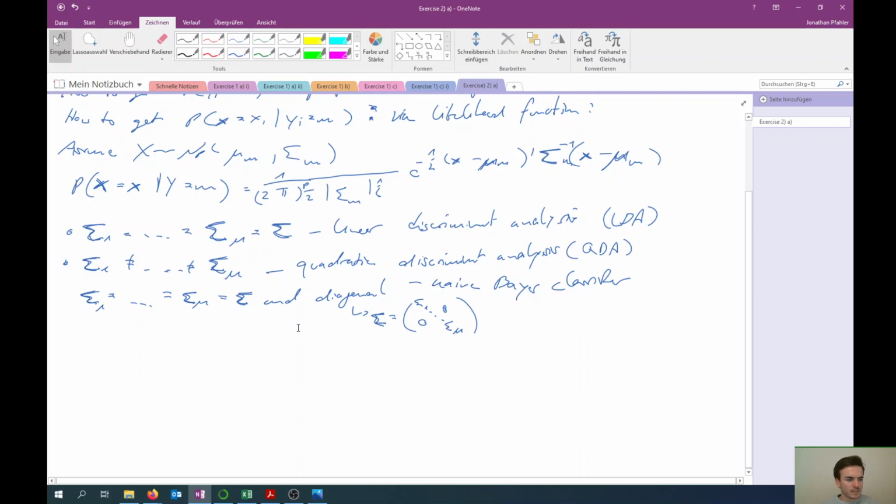Now to make things a little easier, we can derive the discriminant functions, which are basically where we just take the logs of the density function and then neglect everything that is not dependent on the classes.